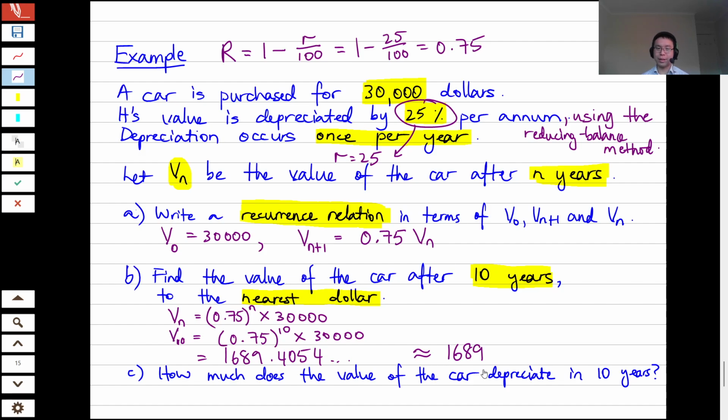Okay, part C. How much does the value of the car depreciate in 10 years? If you don't like the word depreciate, just think of the word reduce. How much does the value of the car reduce in 10 years? And if I frame it like that, it should be clear that what we want to do is find 30,000 minus 1,689.